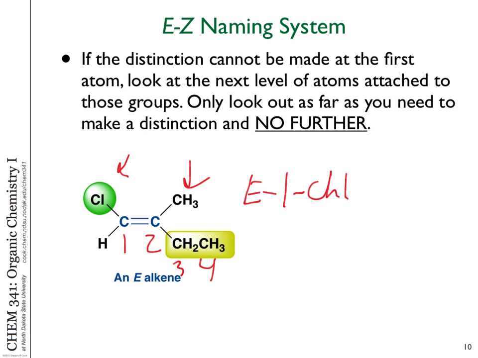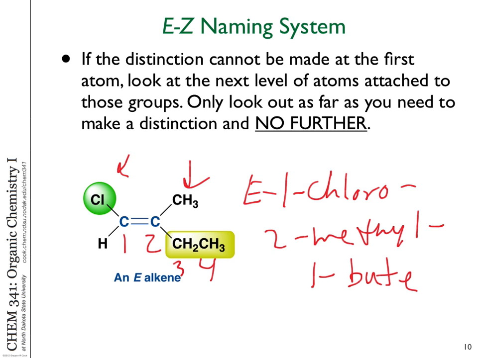E-1-chloro-2-methyl-1-butene, the 1 referring to the position of the double bond. So E designates the stereochemistry of the groups: 1-chloro, 2-methyl, 1-butene. Good question.